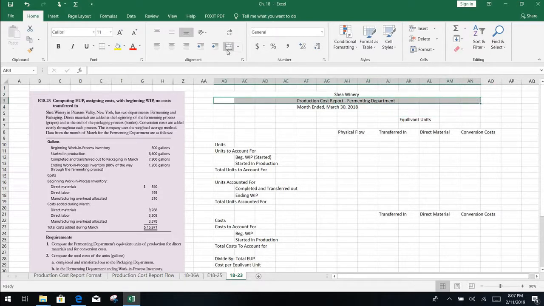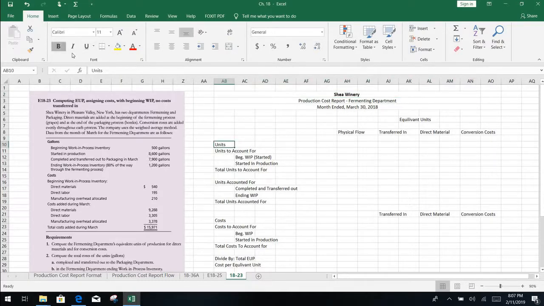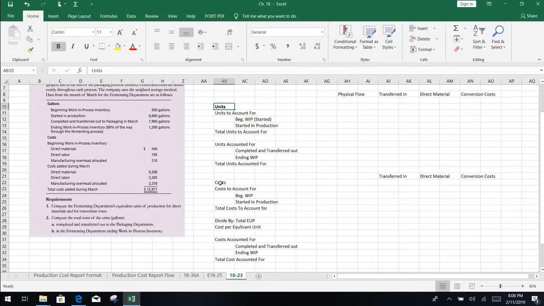Merge and center. And merge and center. Let's put the bolding in. Bold. Bold as well for the units, the headings. Bold for the cost.